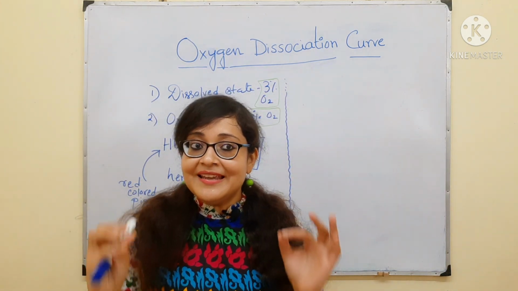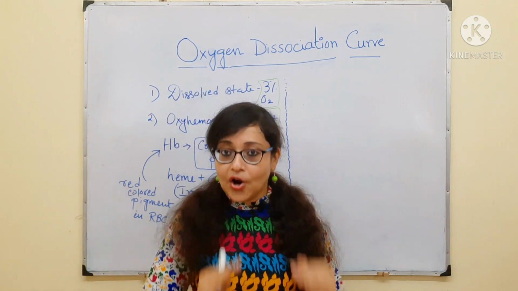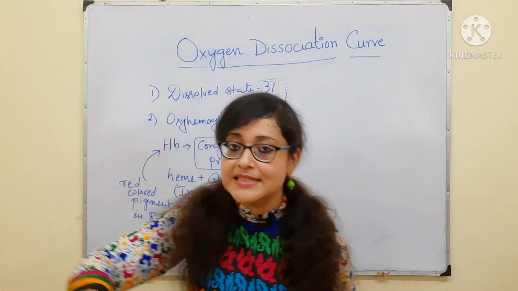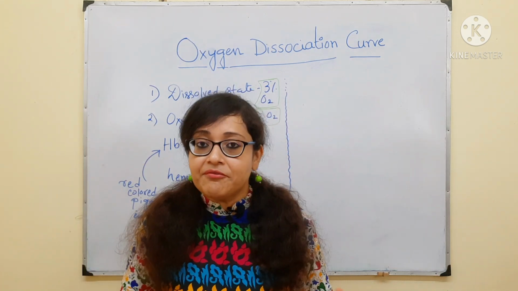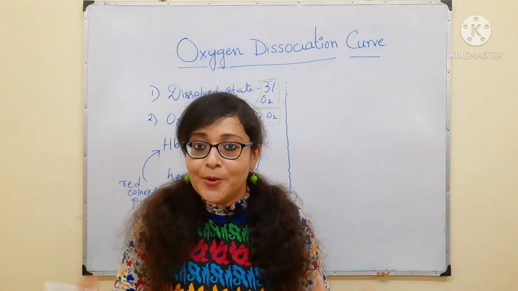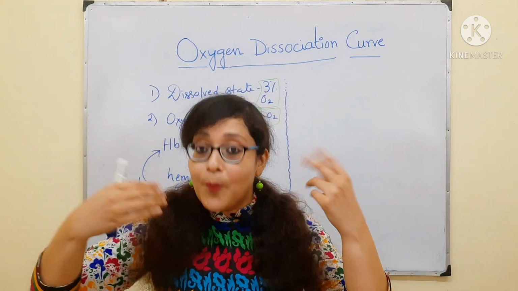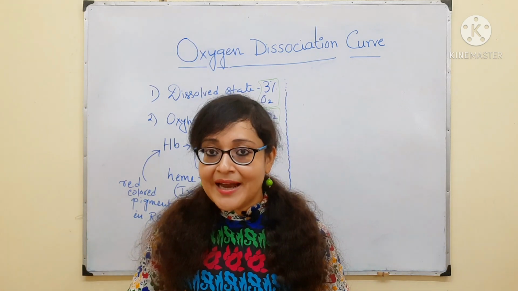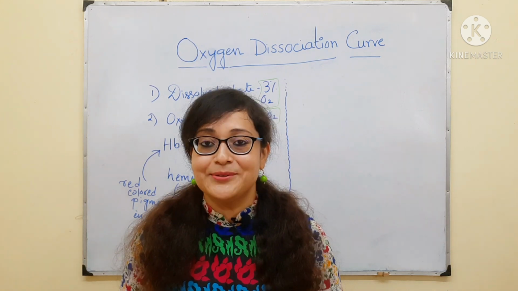Now why is hemoglobin so important? Because hemoglobin is the key person who carries oxygen as oxyhemoglobin, and it takes the oxygen to its destination. What is the destination of oxygen? Finally, it has to reach the tissues, because there oxygen will be required to oxidize glucose so that we can get energy to study, to do WhatsApp, to do Facebook.